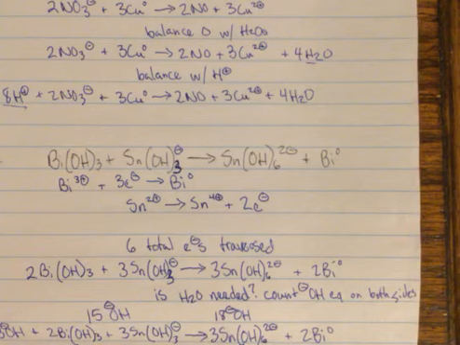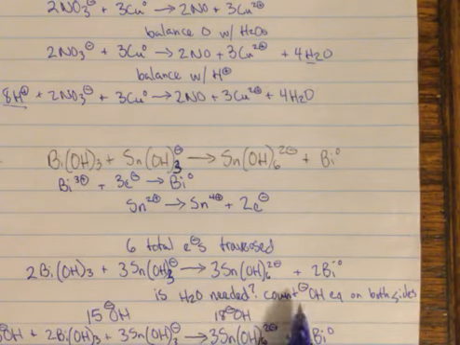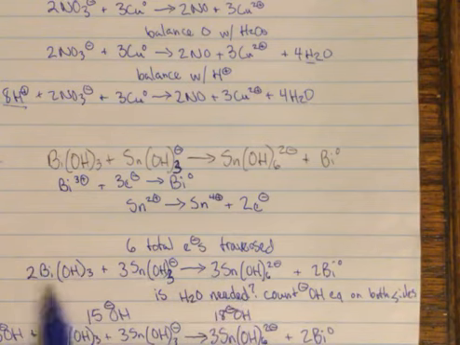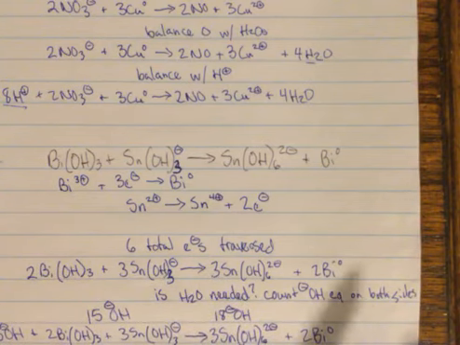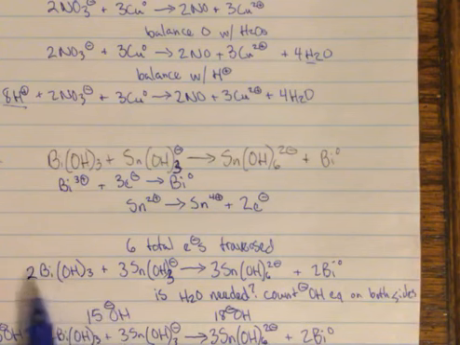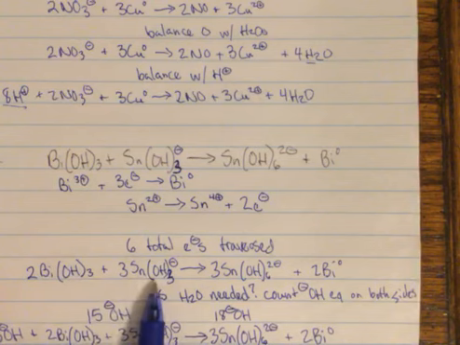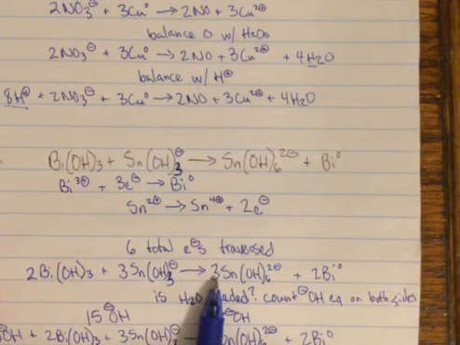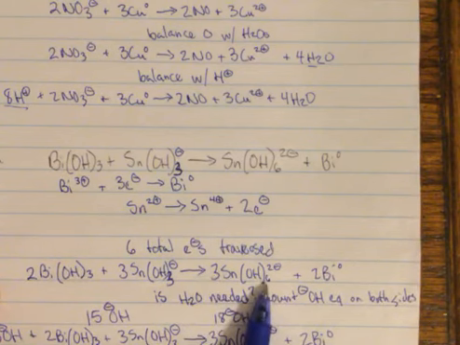The question here is: is water needed? Not necessarily, because what we're really looking at here to equate is the OH concentration. If we're taking a look at both sides, there's 15 on this side, so 6 coming from here, 9 coming from here, for a total of 15 OH. And then on the right side we have 3 times 6, which is going to give you 18.